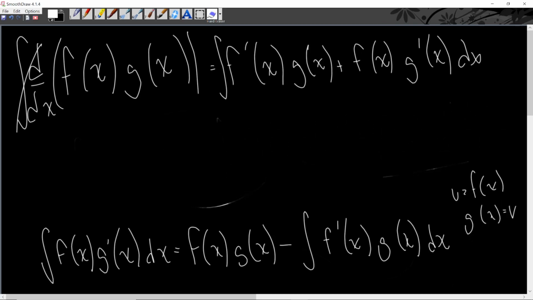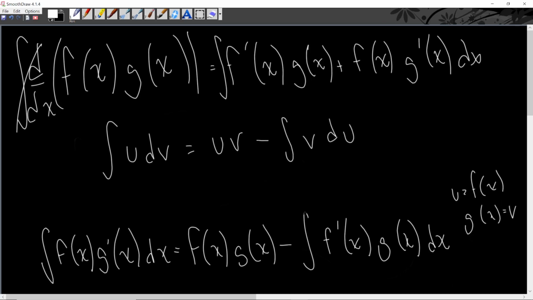So we're going to be left with the integral of u dv. So the integral of u dv is equal to uv minus the integral of v du. That's just a way of writing what we have right here.